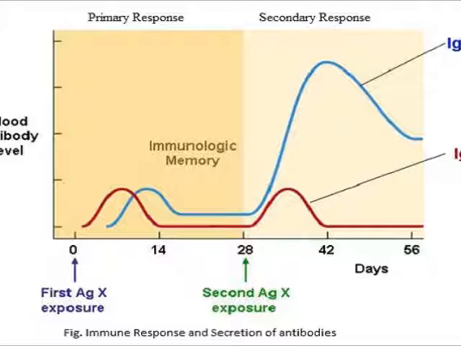In the primary response, the first antibody produced is mainly immunoglobulin M, although a small amount of immunoglobulin G is also produced. Contrast that with the secondary response, where it's mainly immunoglobulin G being produced, although sometimes small amounts of immunoglobulin M are produced. Other immunoglobulins such as A and E are sometimes produced.